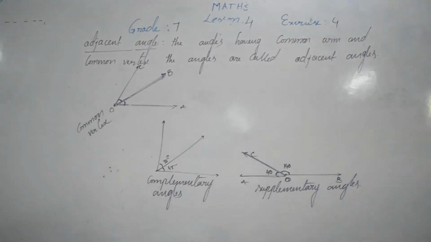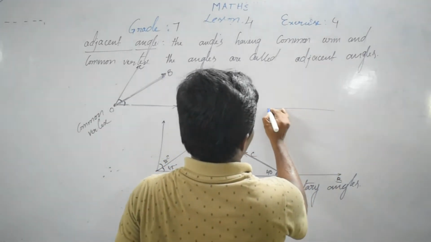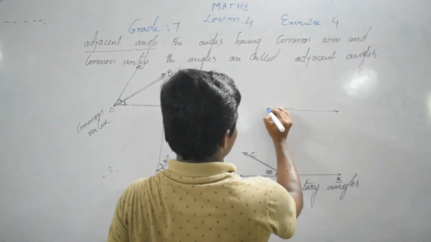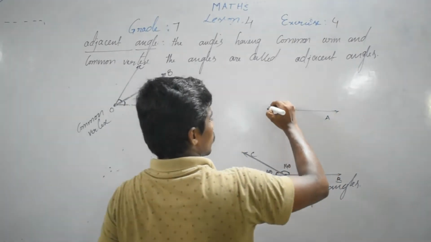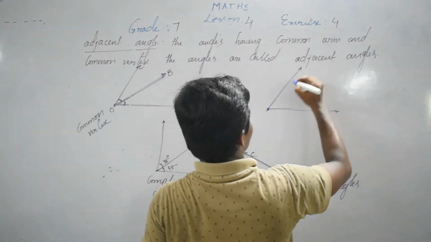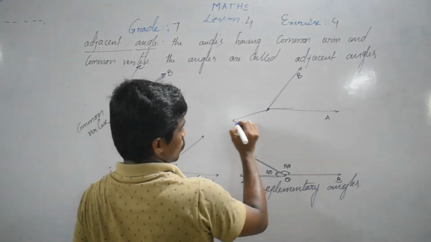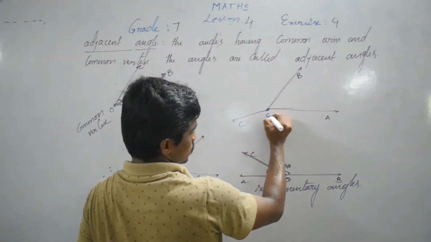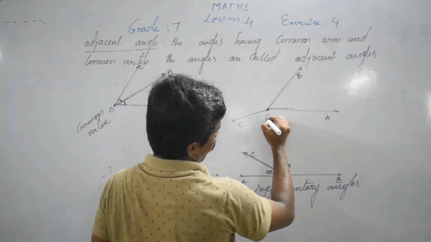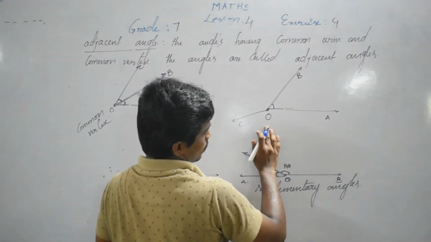So here, exercise 4. Now this is OA, this is OB, this is OC, here O. This is one angle.